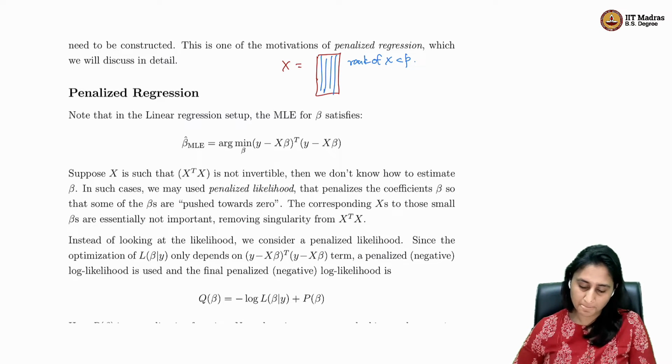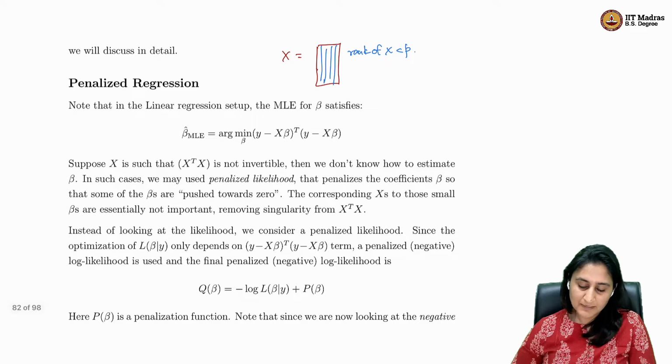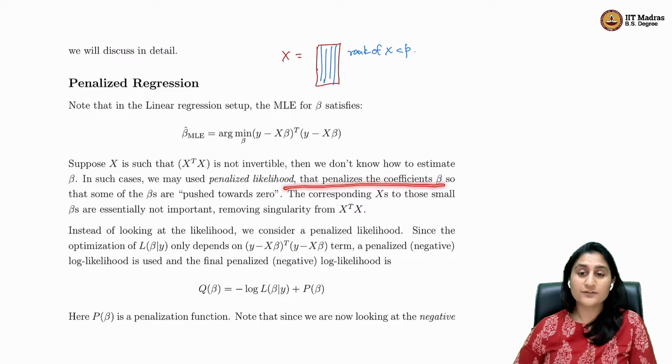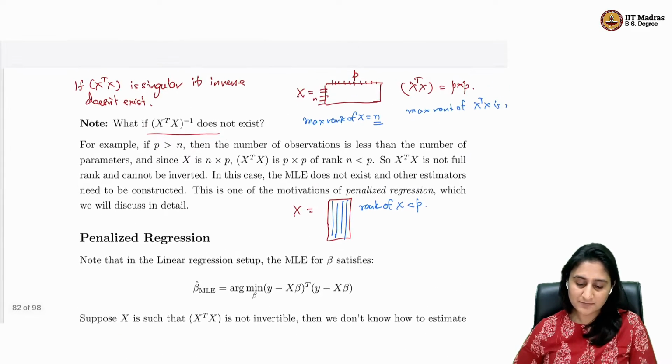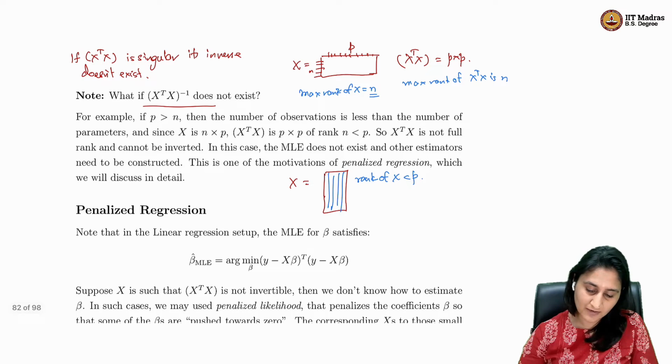So here's what I mean. The penalized likelihood penalizes the coefficients beta so that some of the betas are pushed towards zero. So let's imagine this situation again, where I have lots of columns.